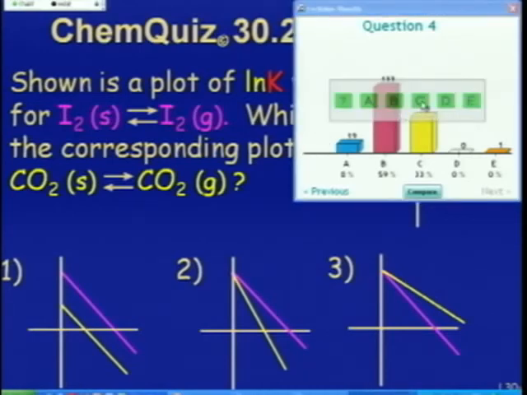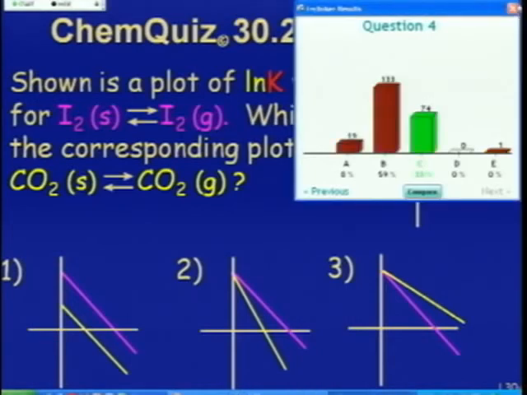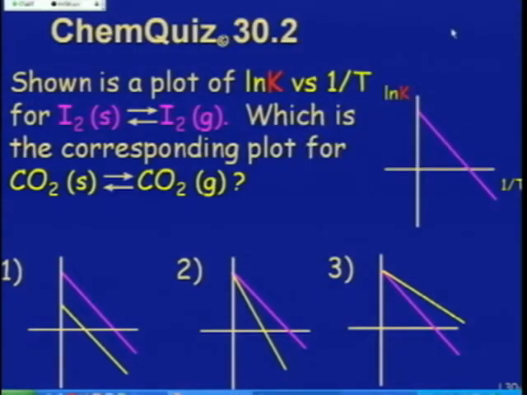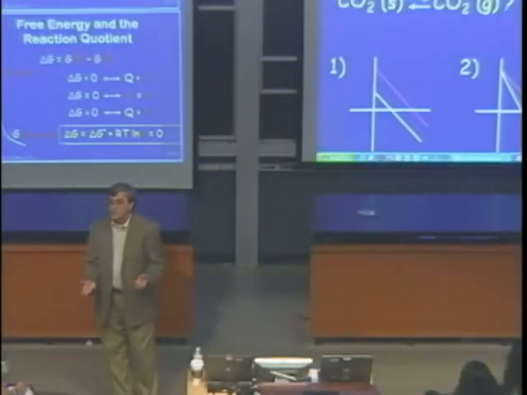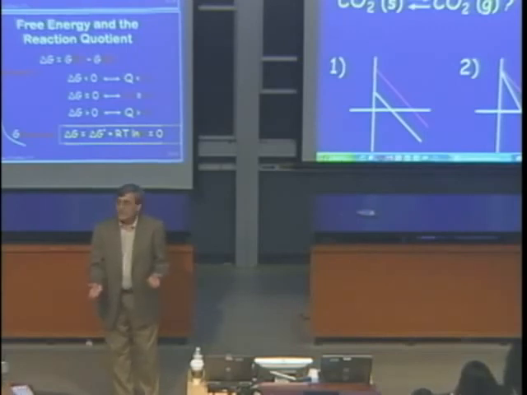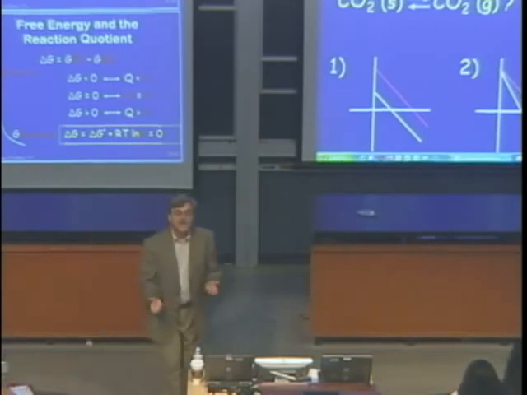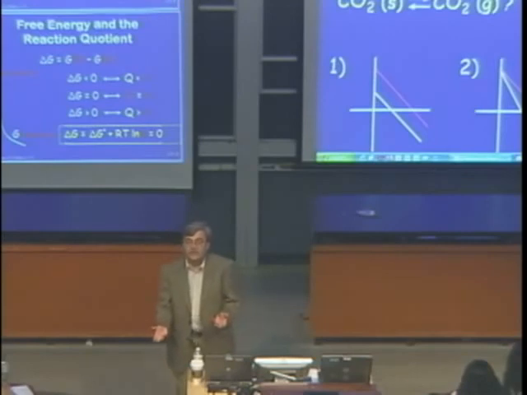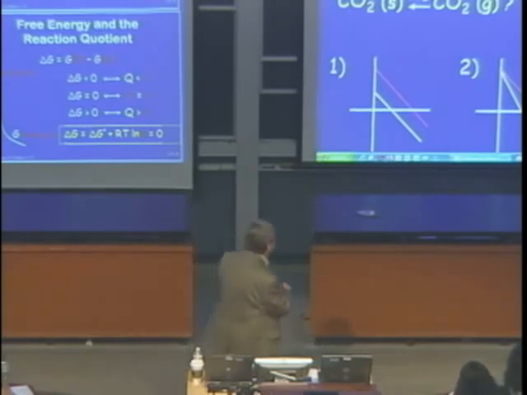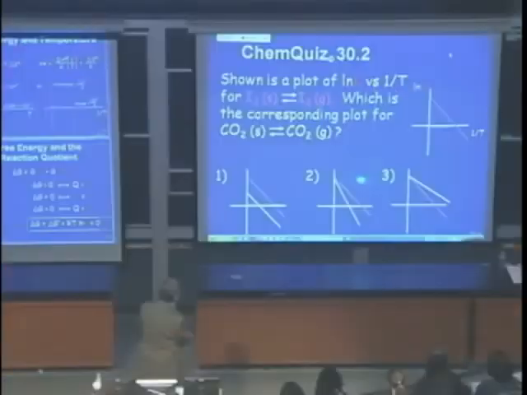I think I go with C. All right, so some of you went in a different direction. So the heat of vaporization, which one is the smaller one? CO2. Okay, CO2 is smaller. Would that be the steeper slope or the flatter slope? Flatter slope, okay? Flatter slope would be this here, and steeper slope would be this.